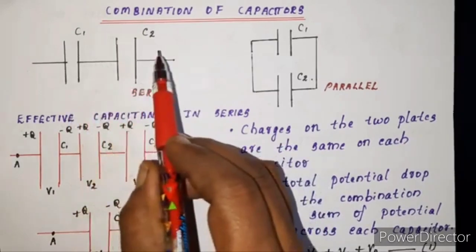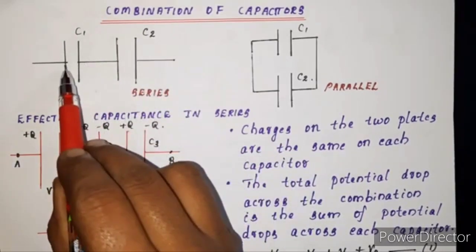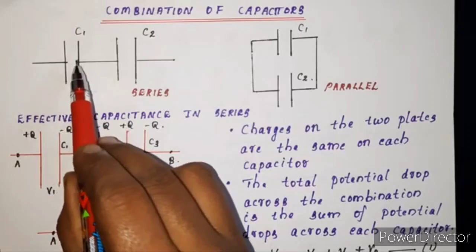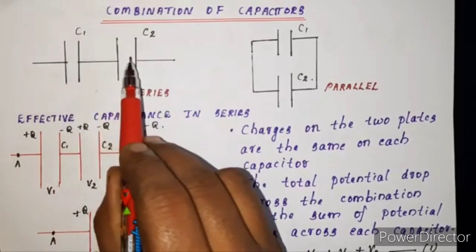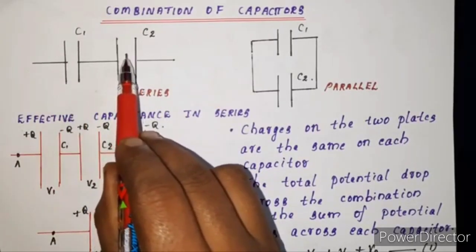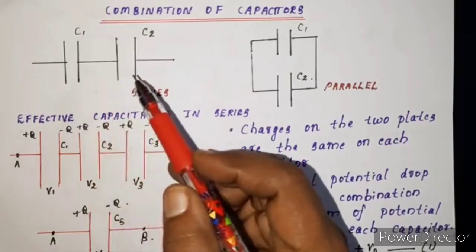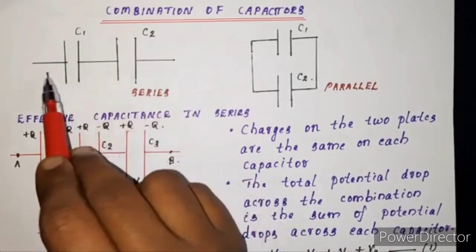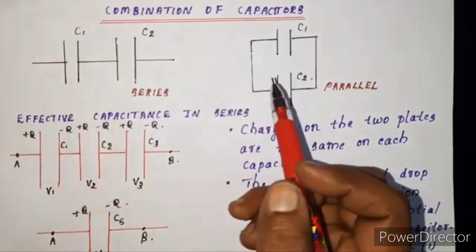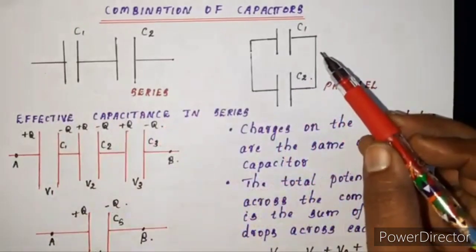In series combination, if you look in the diagram, one end of the first capacitor is connected to one plate of the second capacitor, but the other two plates are not connected. Okay, look at parallel.